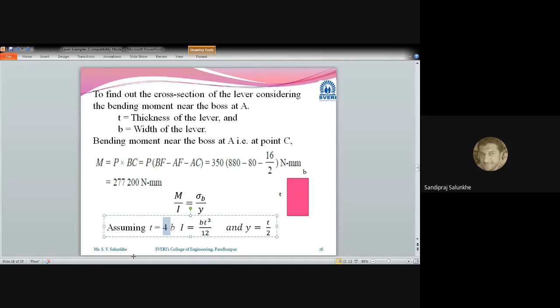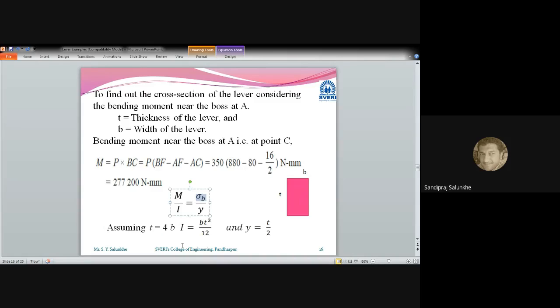That is considered as a standard because we have seen the rectangular area of lever when we choose it as proportionate. Okay, शक्यतो 4 पट असते त्याची जी उंची आहे त्या लिव्हरची, ती विड्थ पेक्षा 4 पट मोठी असते. ओके, फ्रॉम डिझाईन डाटा बुक वी हॅव टेकन दिस व्हॅल्यू. I is equal to b t cube by 12, and y is equal to t by 2. So you put the values of this I, y and m. You can calculate this sigma b.